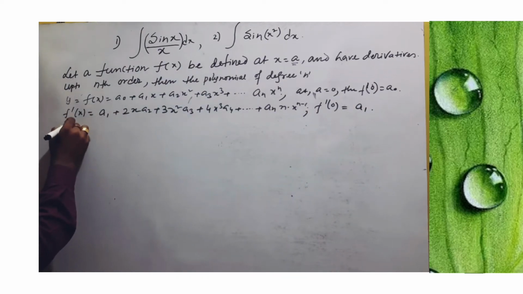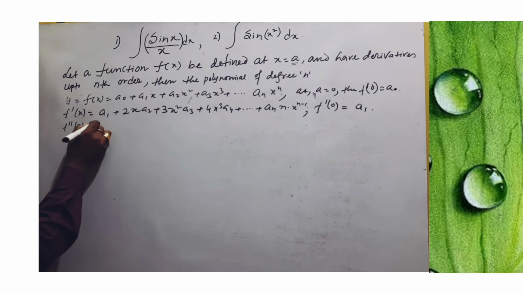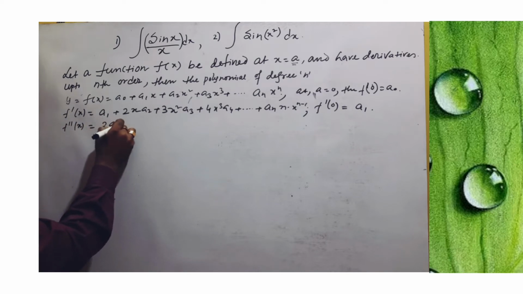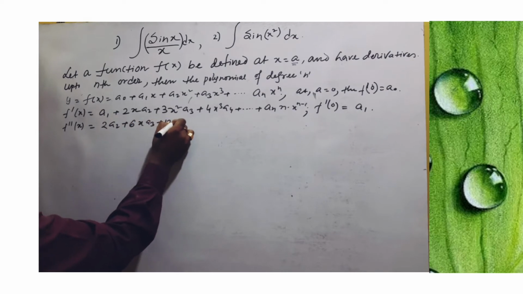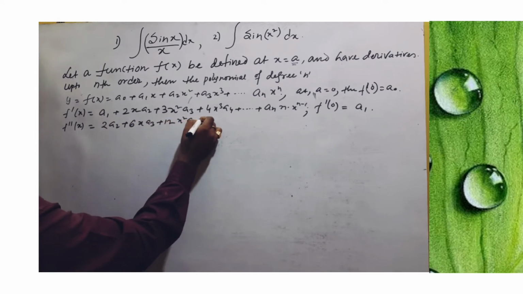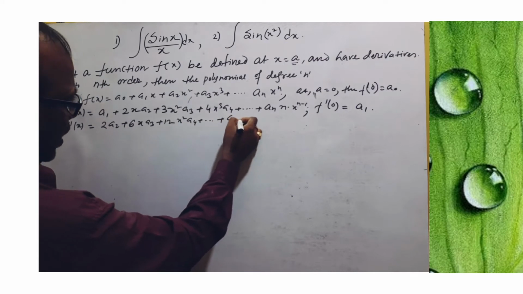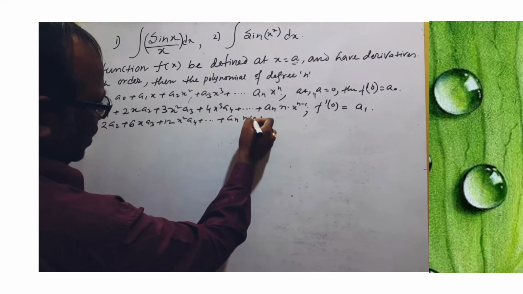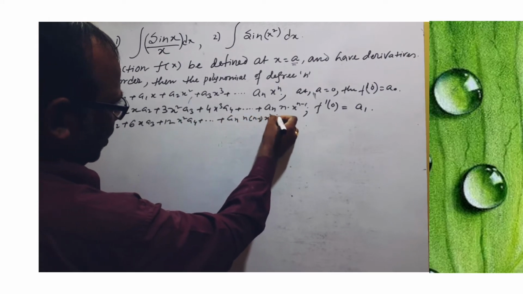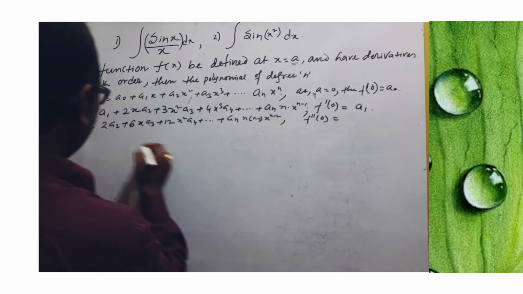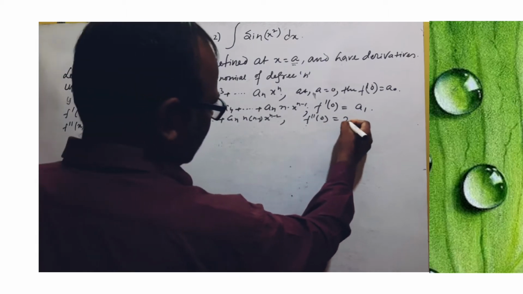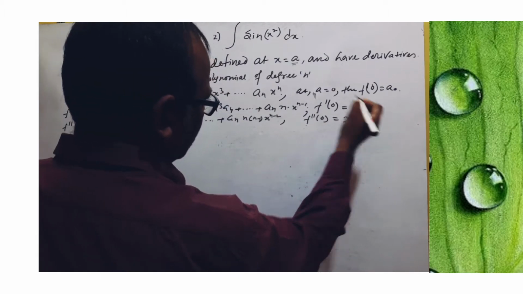Again differentiate this, then we get 2 a2 plus 6x a3 plus 12x square a4, and the last term n into n minus 1 into x to the power n minus 2. Again we put 0, then we get 2 a2.